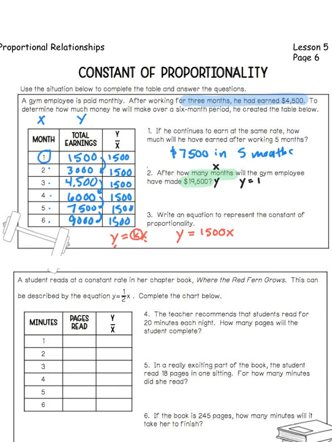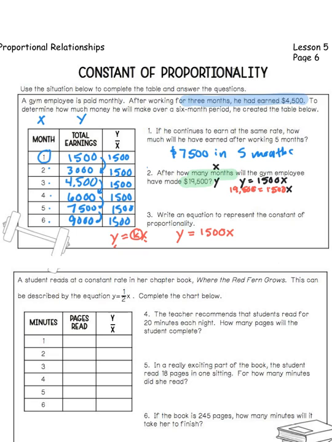Here's the equation that we're given to work with using the constant of proportionality. We know what the y value is. In fact, they gave us 19,500, and that equals 1,500, and we don't know the months, so we're going to have to leave that x alone. That's going to have to stay x.